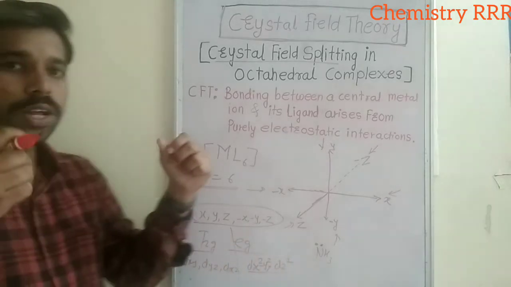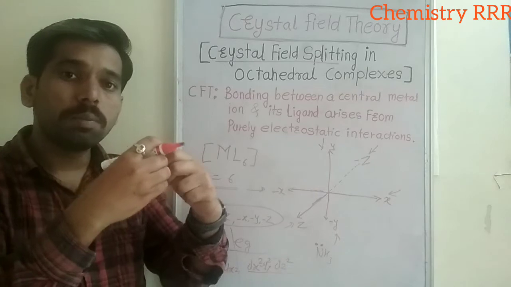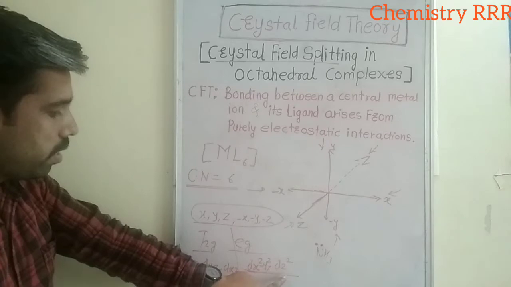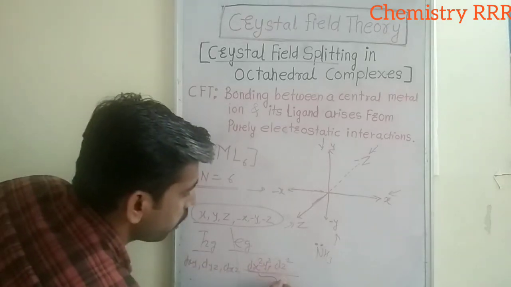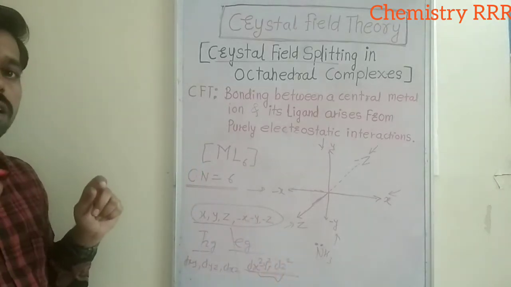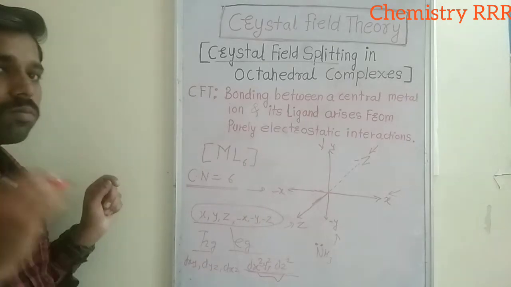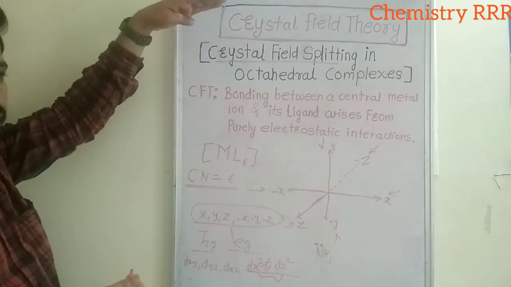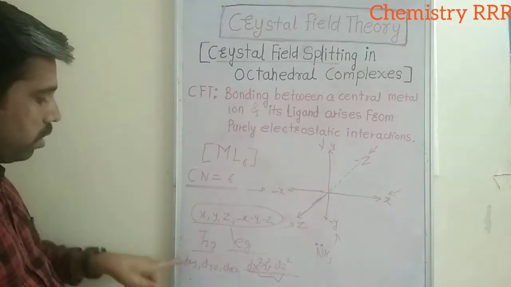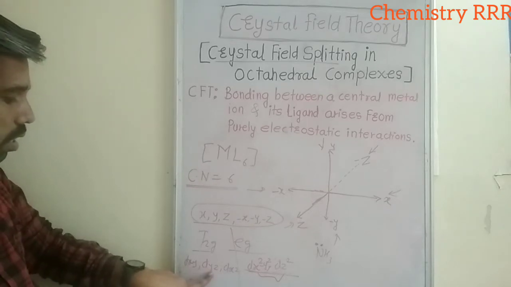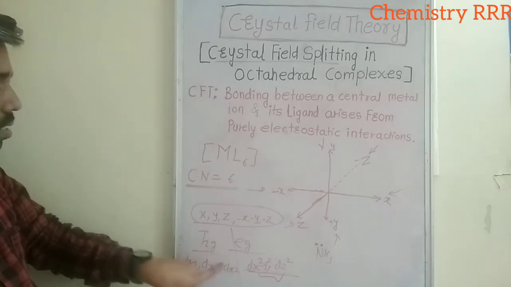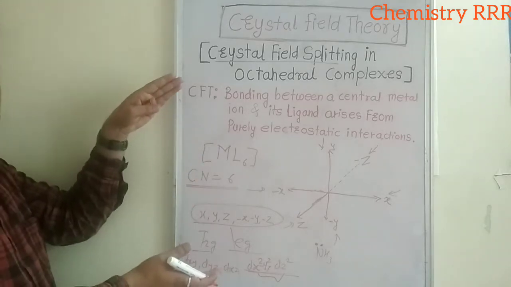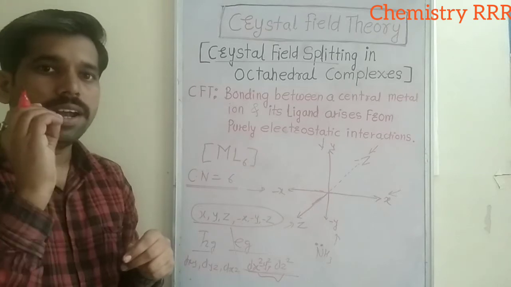So there is a strong repulsive interaction between the dx square minus y square and dz square orbitals and the electrons present in the ligand. Because of that, the energy of the Eg set of orbitals increases and the energy of the dxy, dyz and dxz, that is the T2g set of orbitals, decreases. This means there is a splitting of the d orbitals into T2g and Eg sets.